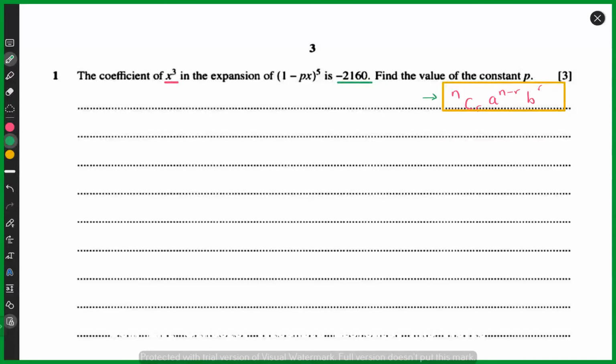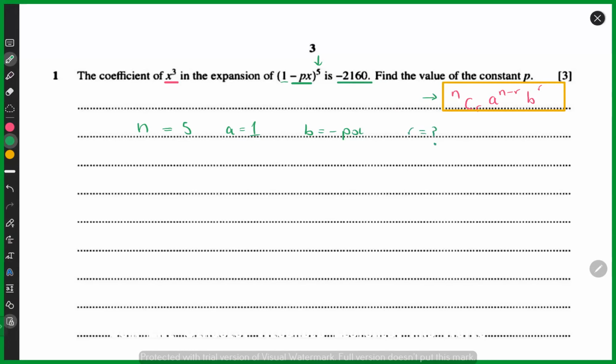So what do we do? We use this formula written in the yellow box. How do we use it? I'll tell you. n is 5, n is the power. a is the first number, that is 1. b is this entire thing, that is minus px. Very good. And now what is r? r is something that I need to find.